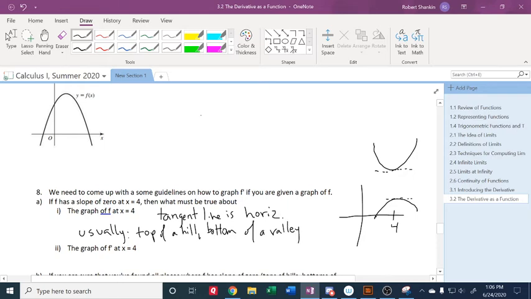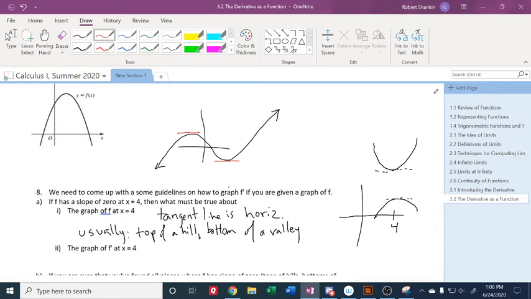So if we had a graph that looked something like this, we would say the tangent line is 0 here and here. Tops of hills and bottoms of valleys have tangent lines at 0.